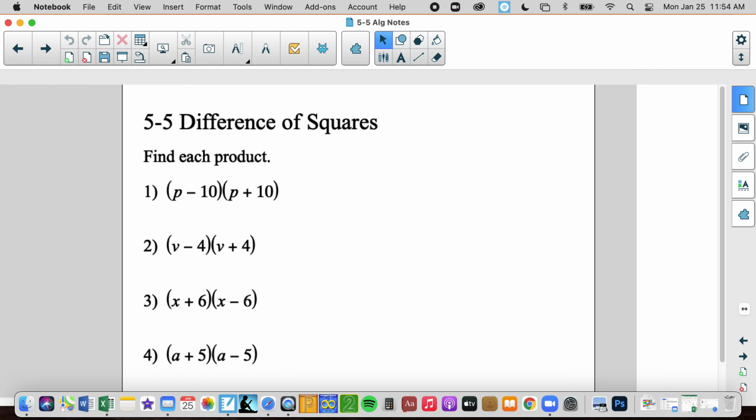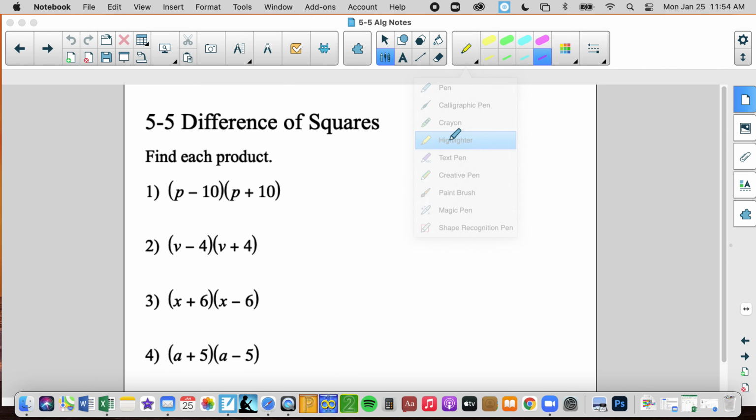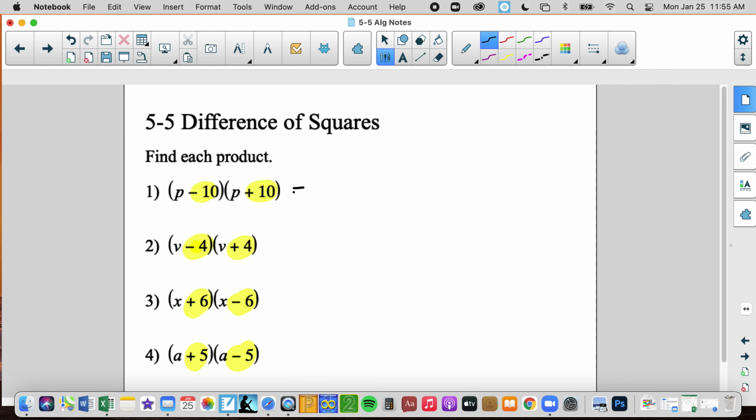Hopefully you notice that you have opposite constants: -10, +10, -4, +4, +6, -6, +5, -5. How's that going to affect our solution? What term does it produce?